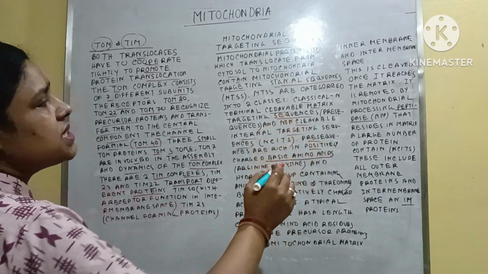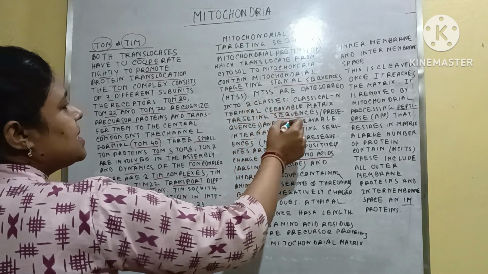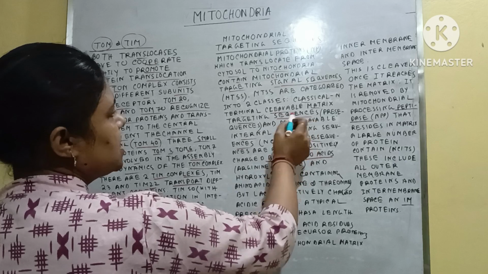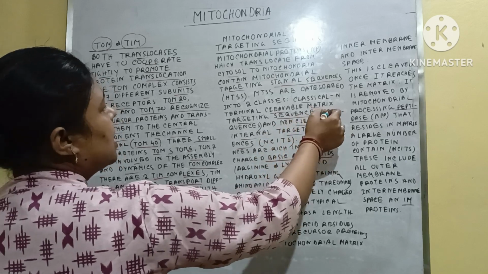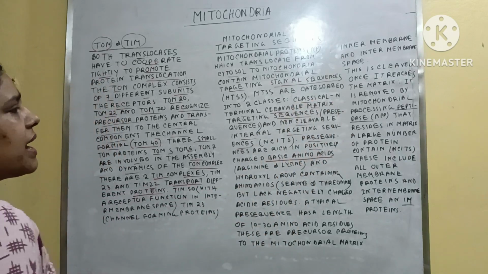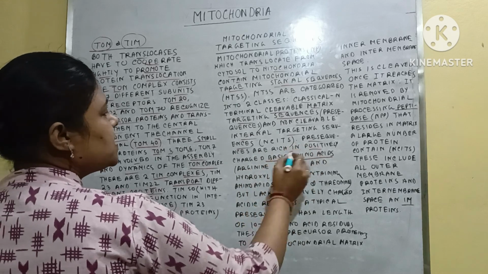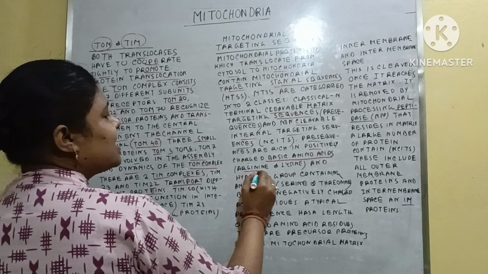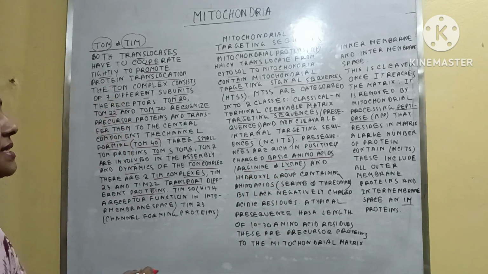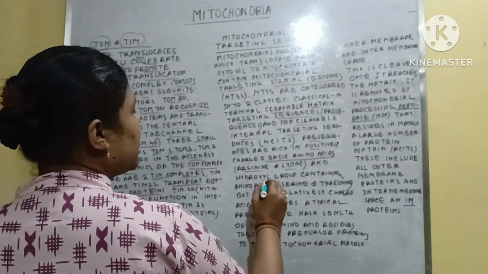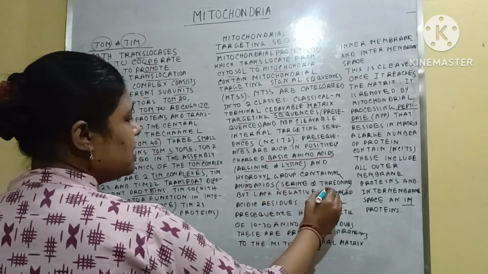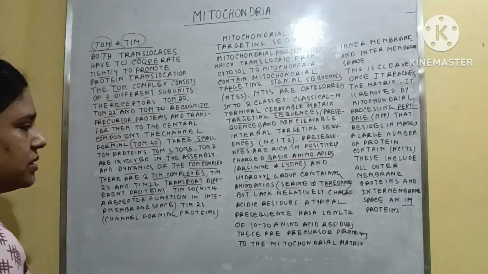Pre-sequences means the classical N-terminal cleavable matrix targeting sequences. These contain positively charged basic amino acids like arginine and lysine, and some hydroxyl group containing amino acids are also present there, for example serine or threonine.